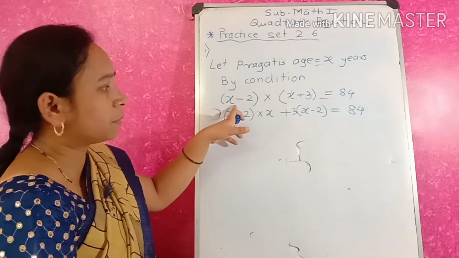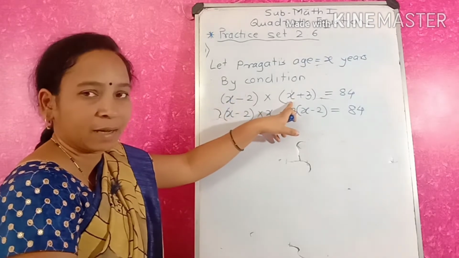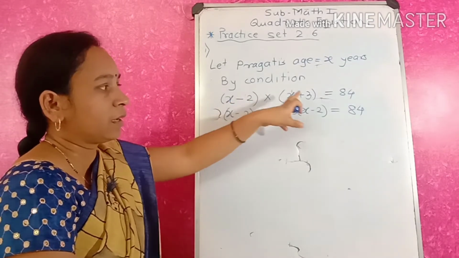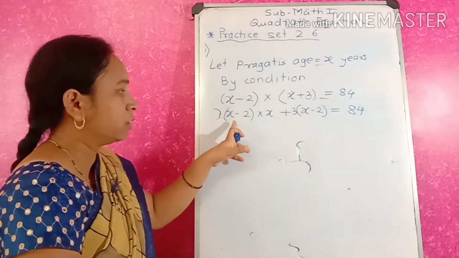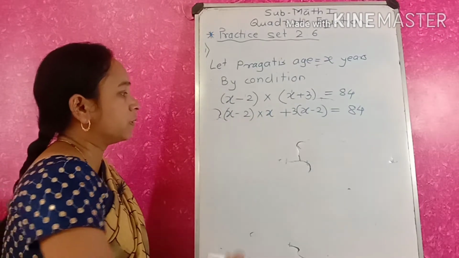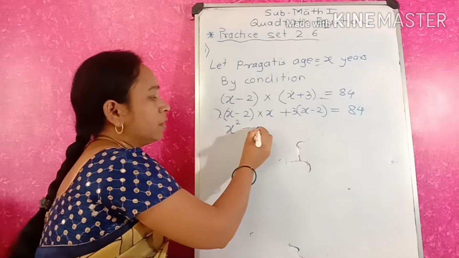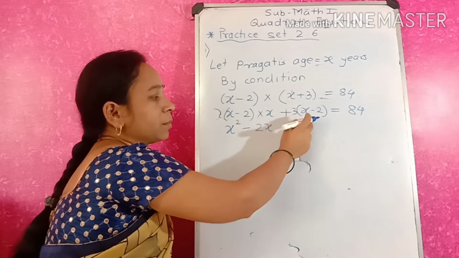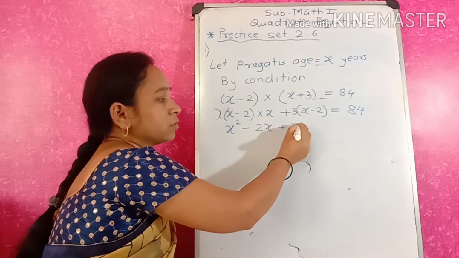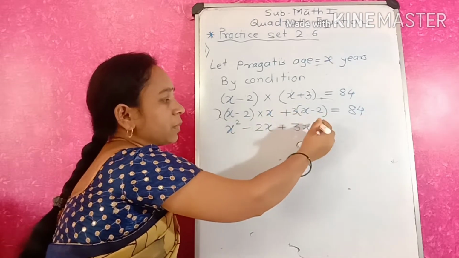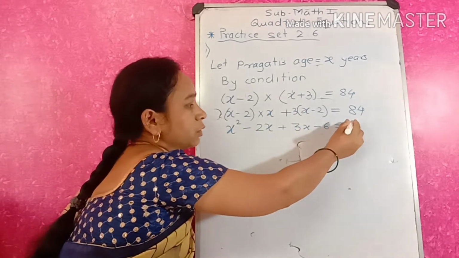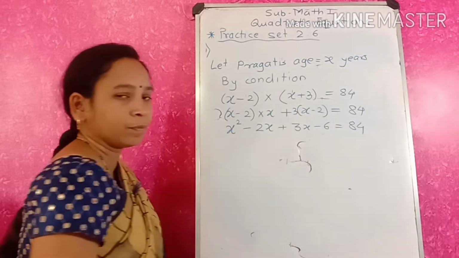Here the first bracket I have multiplied by x, then again the same bracket I have multiplied by plus 3. So if you multiply by x, you will get x square minus 2x, multiply here plus 3x plus minus 6 is equal to 84.